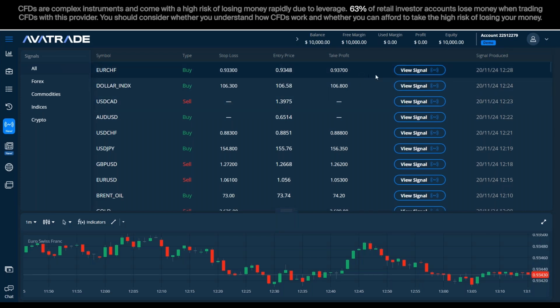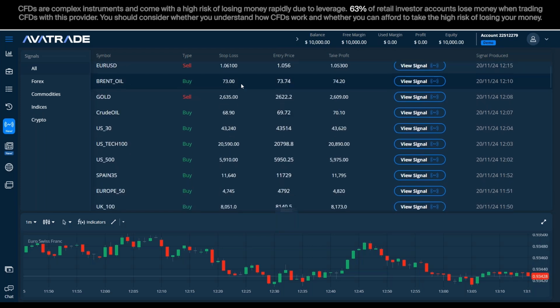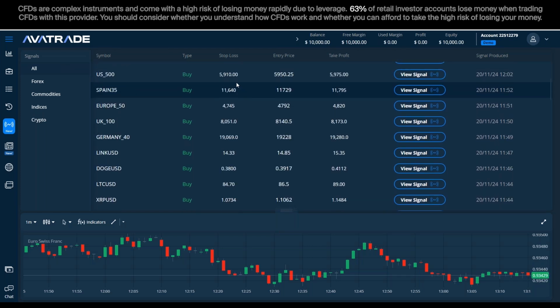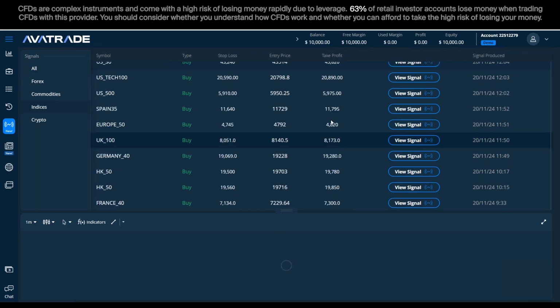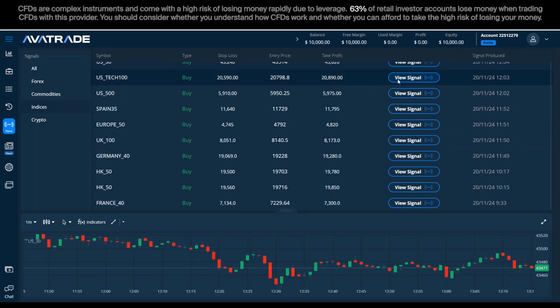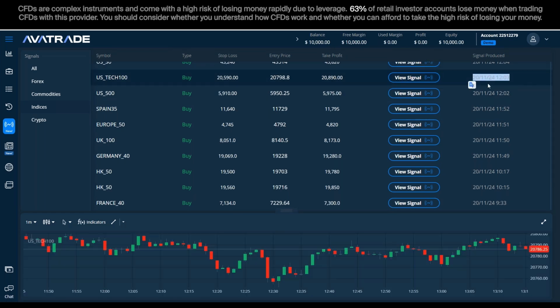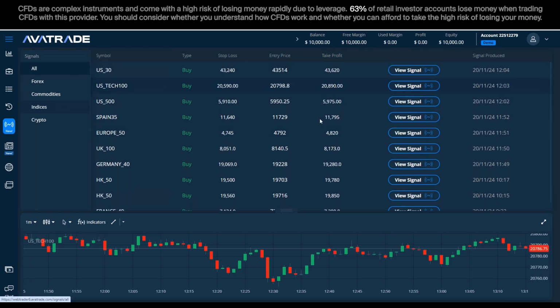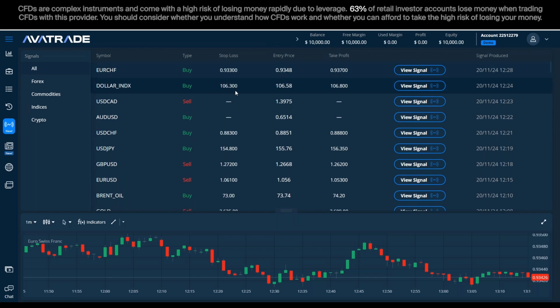In order to do it from the signal section, I have to go down and find NASDAQ. Or I can go through the categories, go to indices, and find NASDAQ. That's one way. Now I can see NASDAQ has a signal from not too long ago, and that's great. However, I have to find it manually.